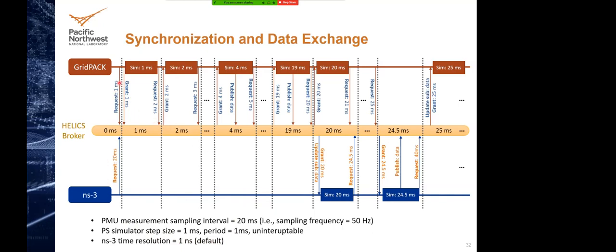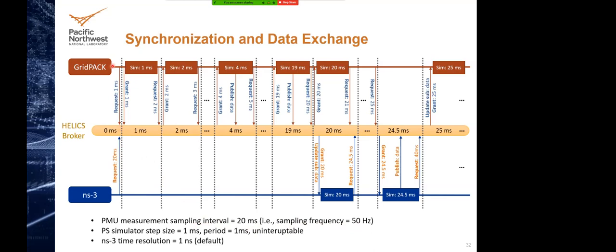At the beginning of this co-simulation, each federate or simulator will request a time that it would like to go to. For ns-3, since it has the PMU inside it, its first request is to go to the 20 millisecond time step, which corresponds to the PMU sampling frequency of 50 hertz, 50 times per second.